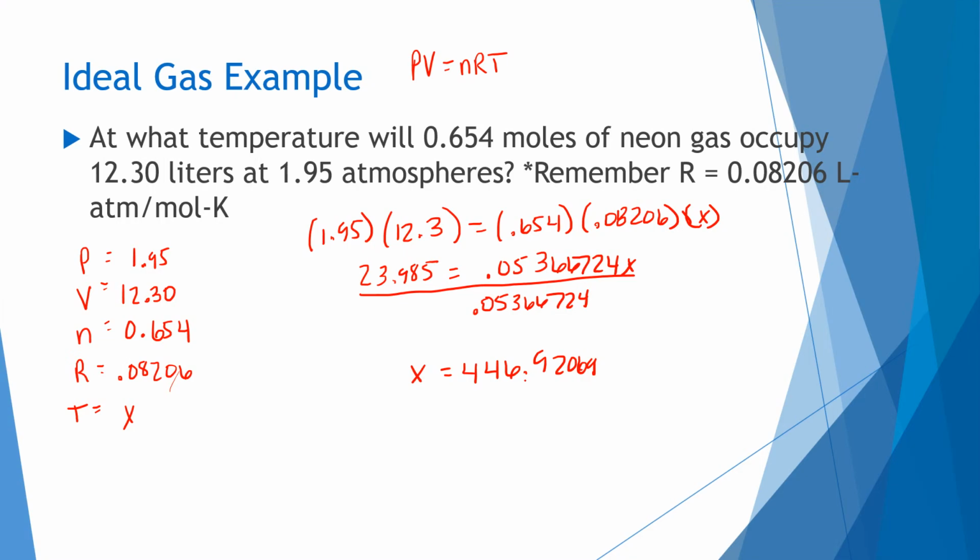Now we want to have the correct number of sig figs. So since our lowest value is 3 for both of these, we're going to round to 447. Because this requires specific units, we should recognize that temperature should always be in Kelvin. So this is 447 Kelvin as our final answer.